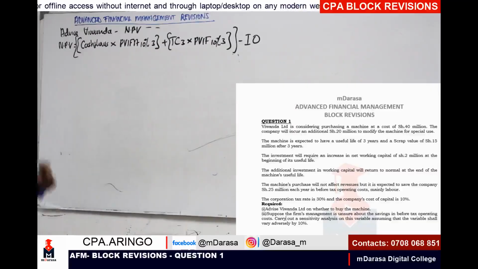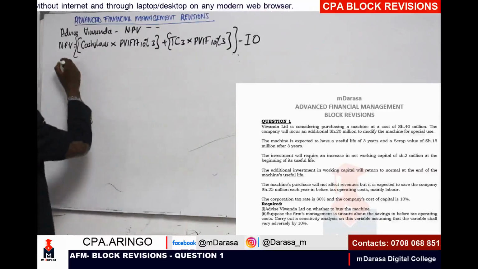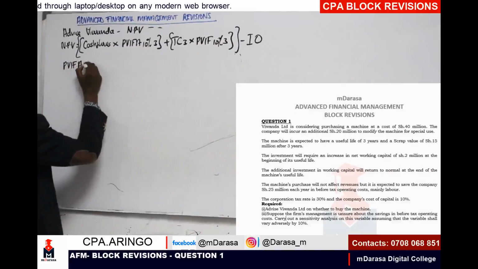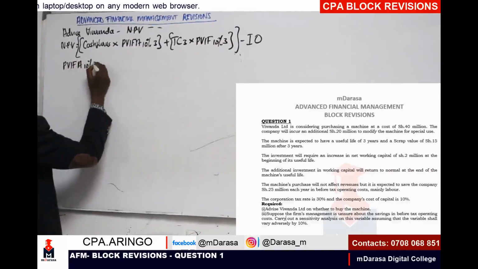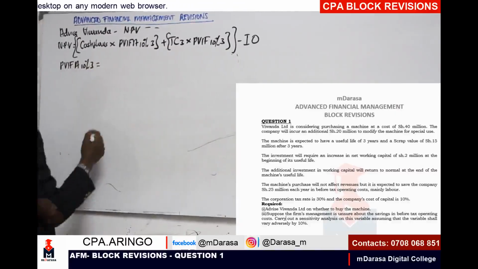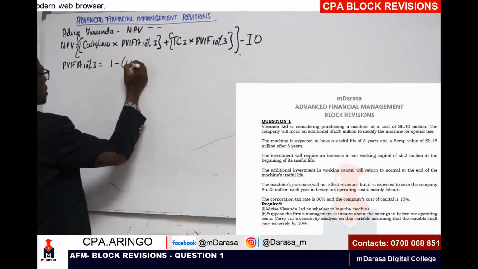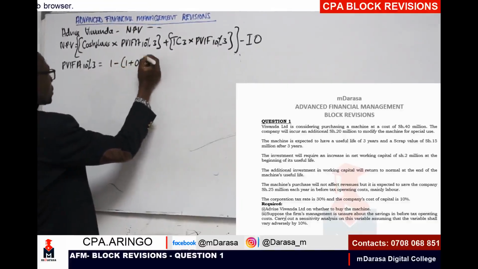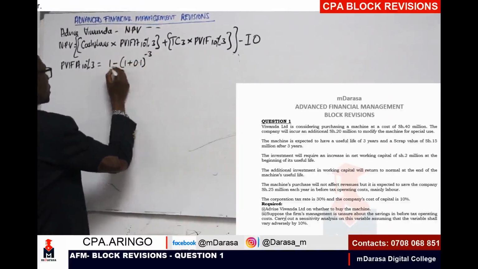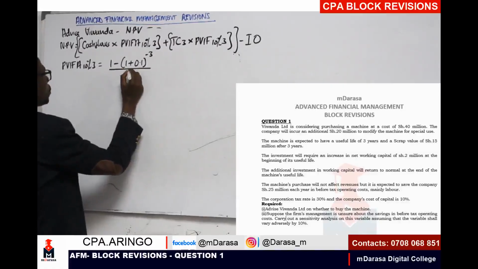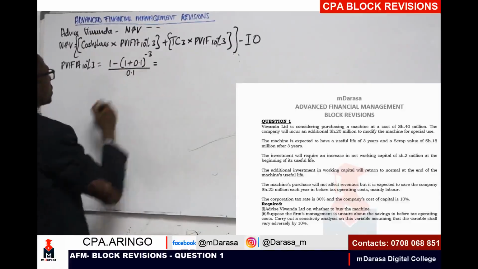So we have all these items. First thing, determine our present value interest factor, annuity, given 10%, 3 years. We should have 1 minus 1 plus 0.1 raised to power -3, divided by R, which is 0.1. This should give us our factor.